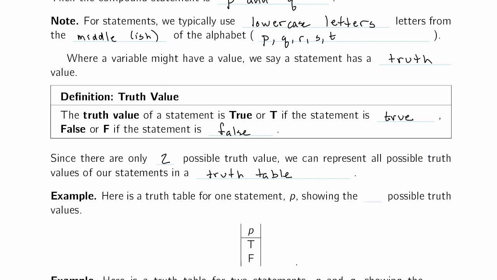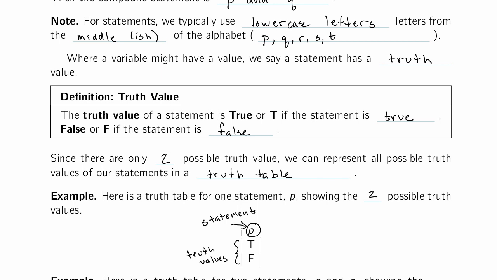Here's a truth table for one statement called P. So notice we have the name of the statement in the heading, and then in the column we have the truth values. And there are two possible truth values for a single statement P.